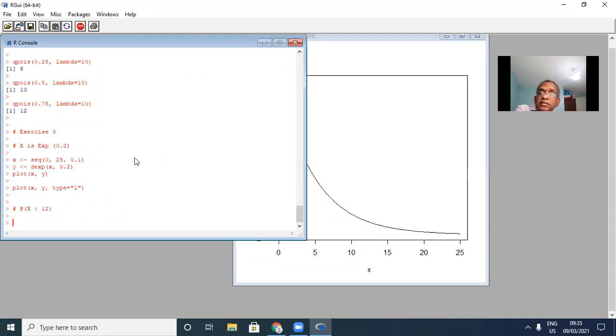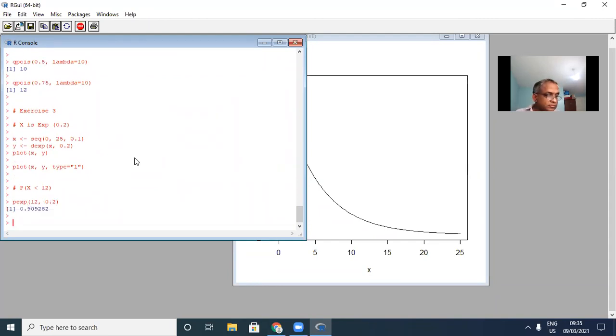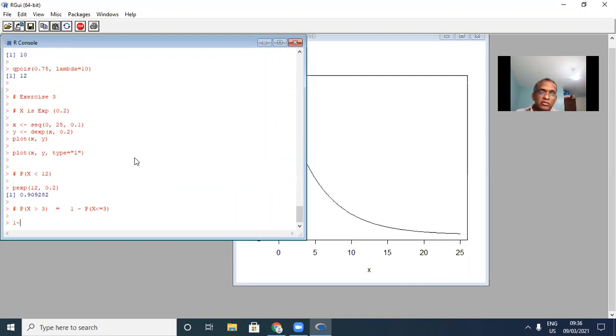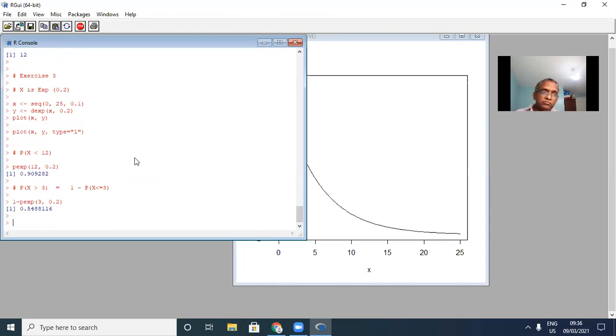And similarly, x greater than something is the same as saying x is greater than or equal to. So the probability that x is less than 12 is the same as the probability that x is less than or equal to 12, which is pexp at 12 with parameter 0.2, right? And next, we want to find the probability that x is greater than 3, which you can write as 1 minus the probability that x is less than or equal to 3. So this is 1 minus pexp at 3, parameter 0.2.